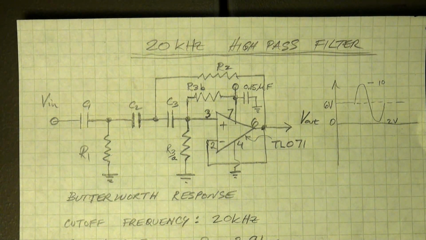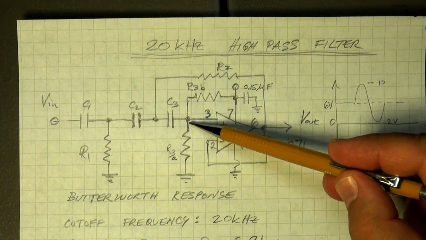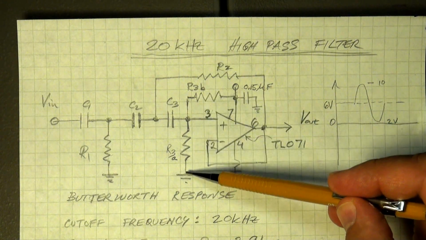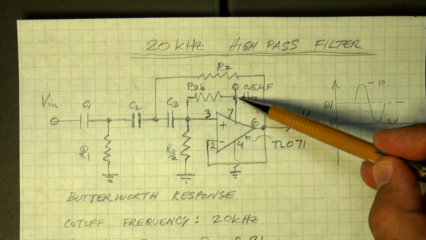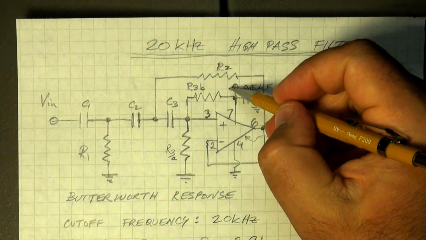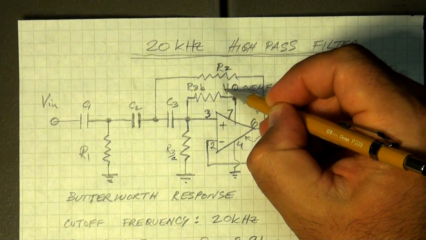And basically the only change I've made is, in place of a single resistor for R3, I have two in parallel, where I've connected one to V+, the positive supply rail, which is about there.